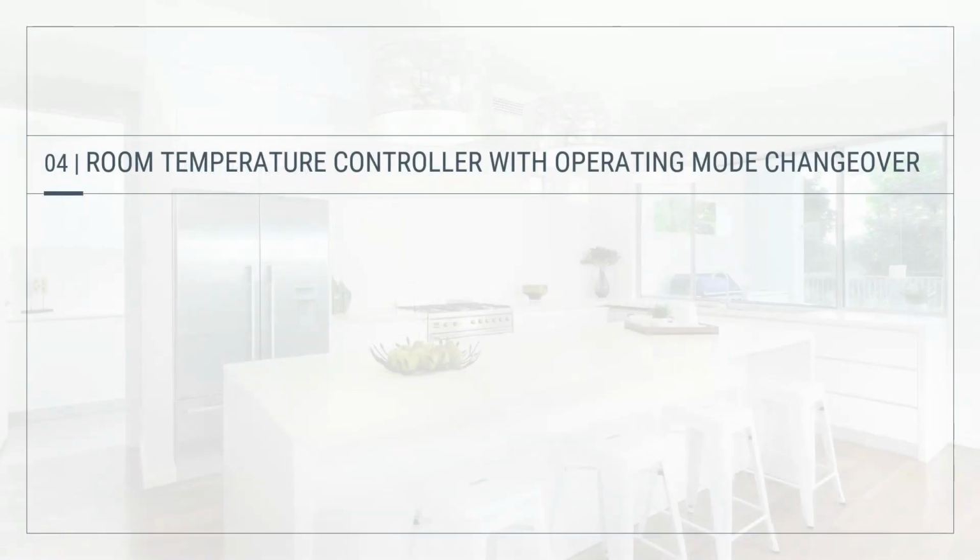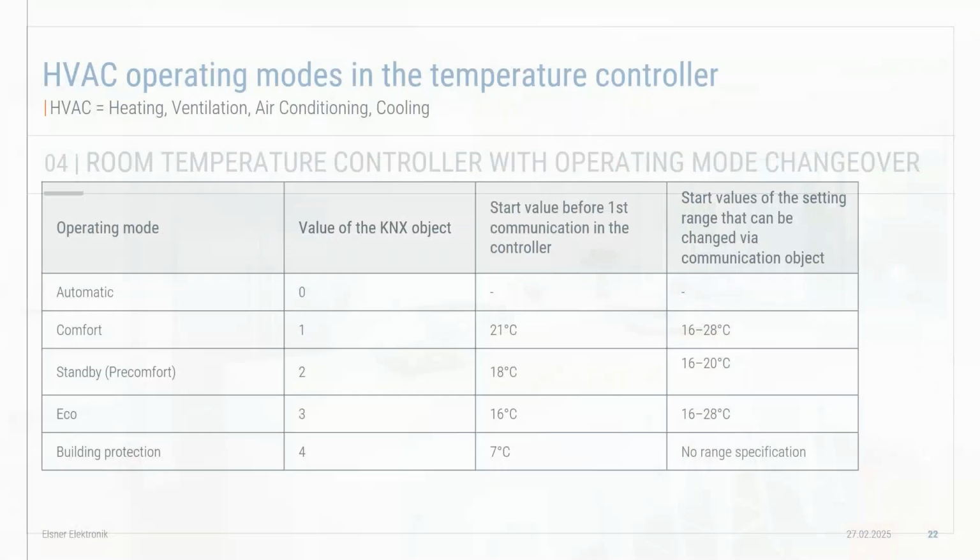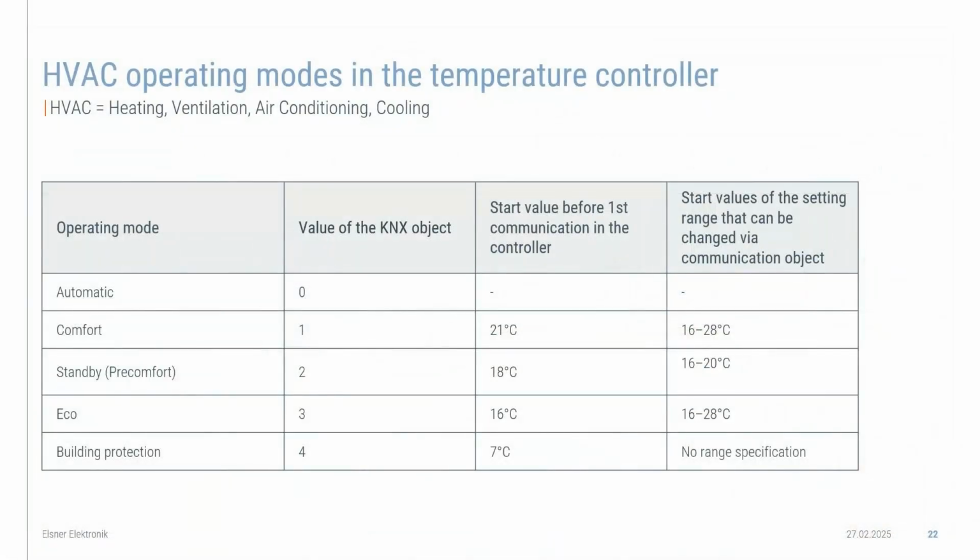Next up, we will deal with the operating mode switchover for room temperature controllers. Most temperature controllers in the KNX field have so-called HVAC objects. HVAC stands for heating, ventilation, air conditioning, and cooling.